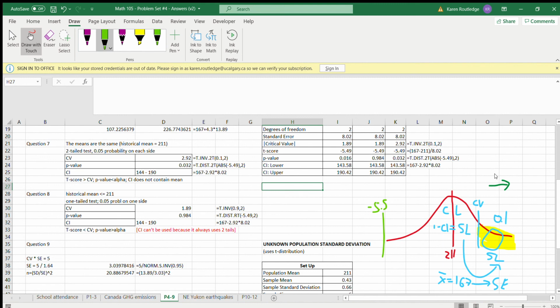We only care about big values, and our value is big in terms of standard errors, but in the wrong direction. So because our t-score, because our sample mean, is not more extreme than the critical value, we've not crossed this threshold that we actually care about, we have not ended up in our rejection region, then we do not reject our null hypothesis. We fail to reject the null hypothesis. And that gives us our first answer. I will just end it here and then do the p-value and confidence interval next.